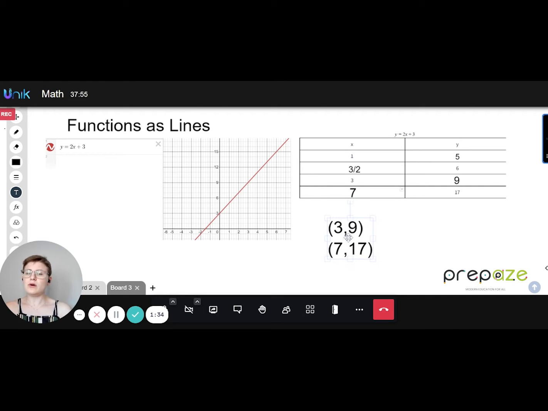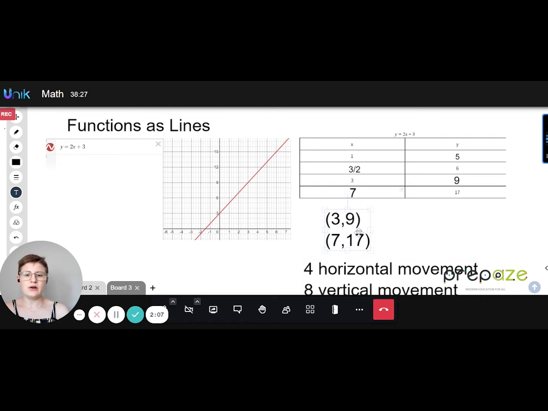To talk about the horizontal distance between these two values, I'm going to be looking at the 3 and the 7. The distance between these two values is going to be the difference. We went from a 3 to a 7, so we've moved 4 horizontally. In the vertical direction, we have the difference between 17 and 9, which gives us the result of 8.